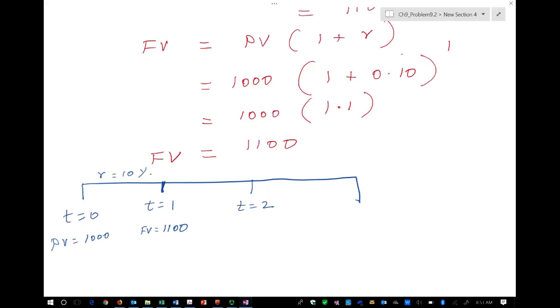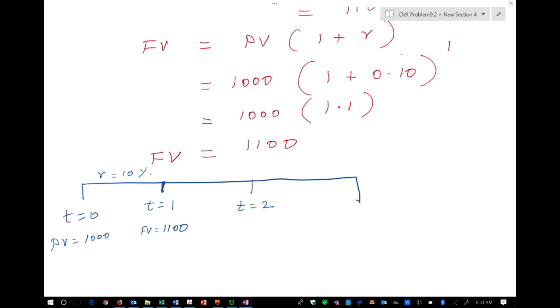But have I told you I am going to pay interest on interest? I did not say that. So the next question you really need to ask is, is it simple interest or compound interest? Now, what is simple interest? You do not get any interest on interest. In that case, even for year 2, your principal is going to be the same $1,000.